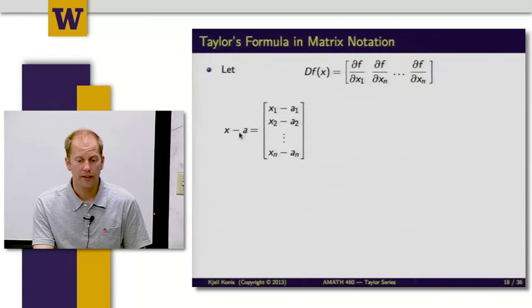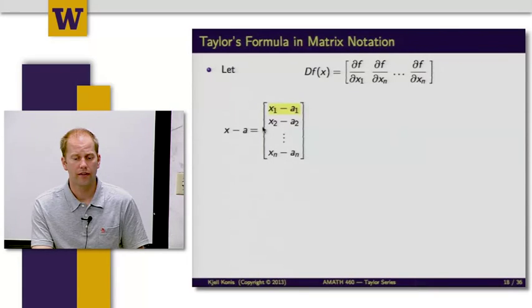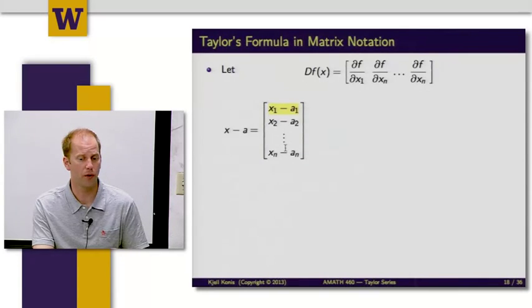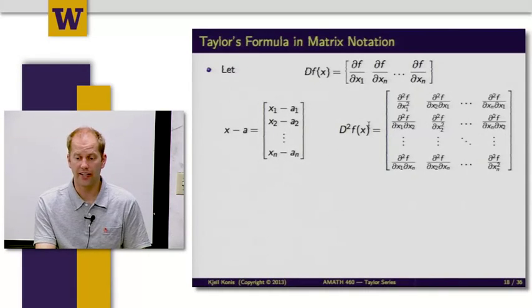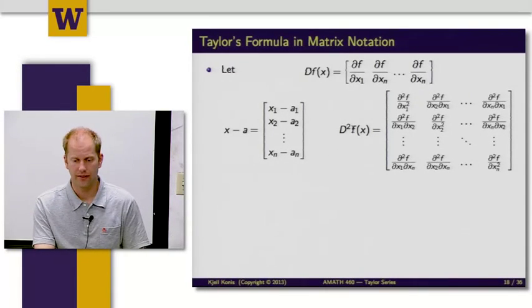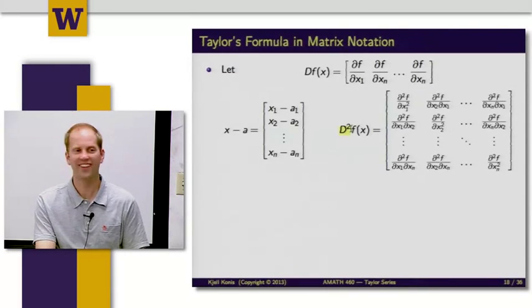And then if I define x minus a, so remember for vector addition, we can do the addition element-wise. So x minus a is just going to mean this vector. I can actually just do that addition, and this is a column vector, so it's got one column and n rows. And then I end up with, anyone remember what this is called?